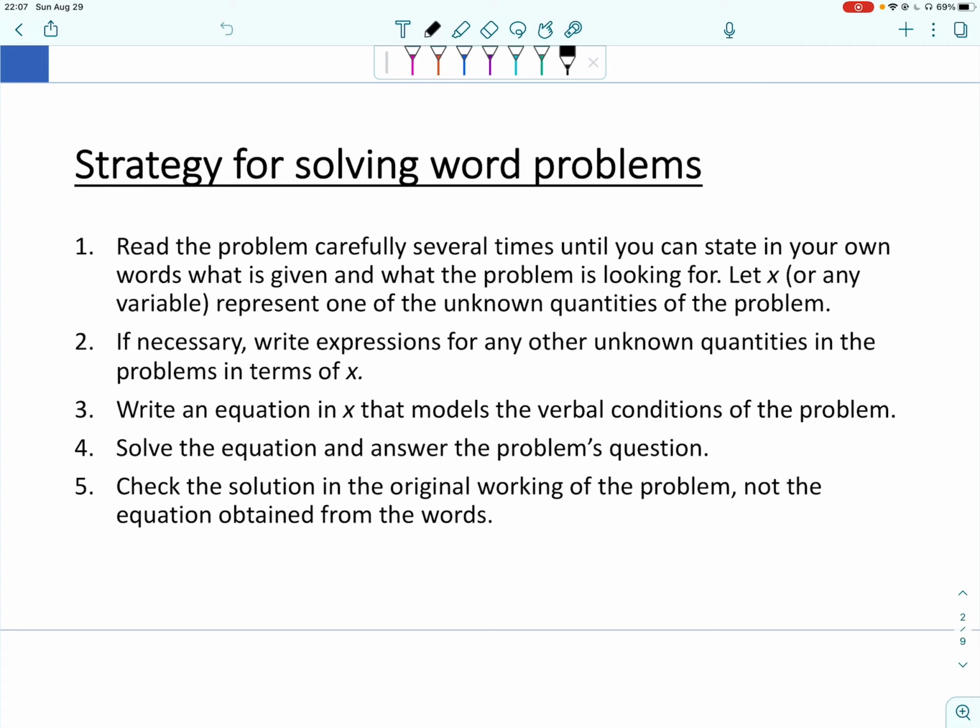So step 3 is kind of making sure that our equation that we've written matches the verbal conditions that we've been given. Step 4, solve the equation and answer the problem's original question. And then step 5, check the solution with the original working of the problem, not the equation that you obtained in steps 2 and 3.